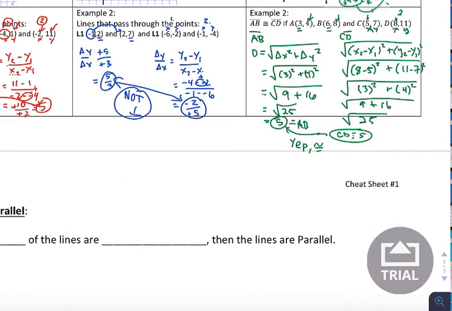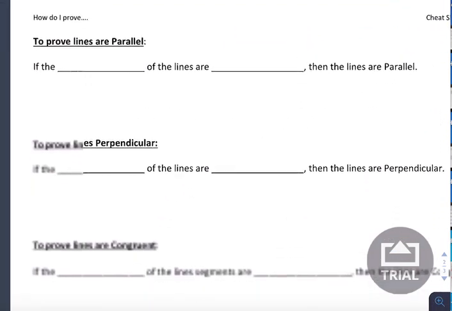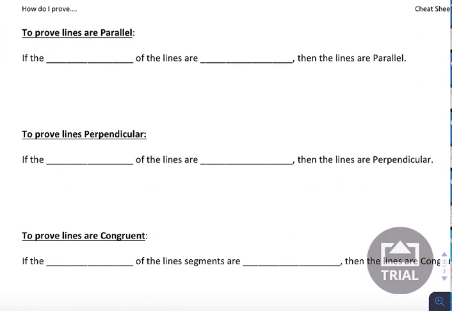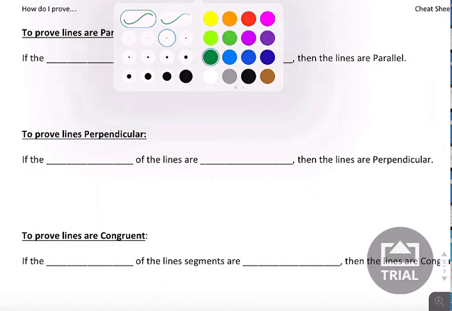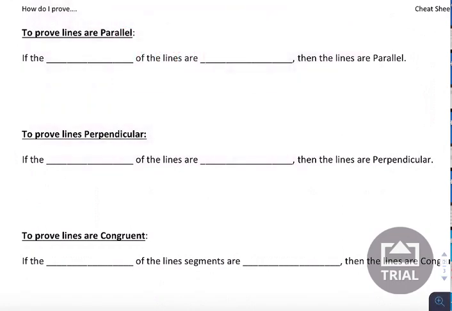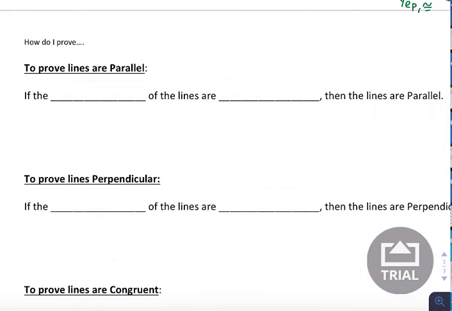Okay, and so as a way of consolidating the consolidation, let's flip it to the back. So how do you prove lines are parallel? Well, that's pretty straightforward. If the slopes of the lines are the same, then the lines are parallel.